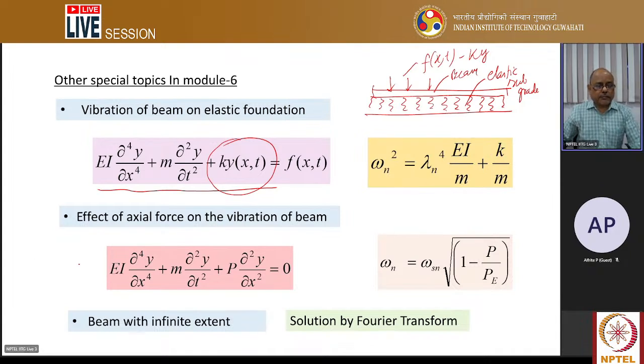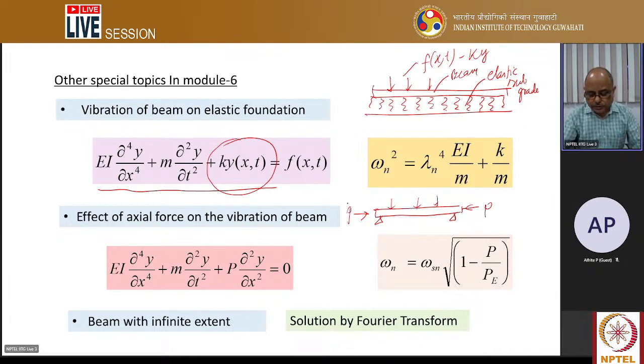Then we consider the effect of axial force on the vibration of a beam. In many cases, beams are axially compressed. In addition to transverse load, the beam is also compressed in the axial direction. So in such cases, the equation of motion is modified, taking account of this axial force.